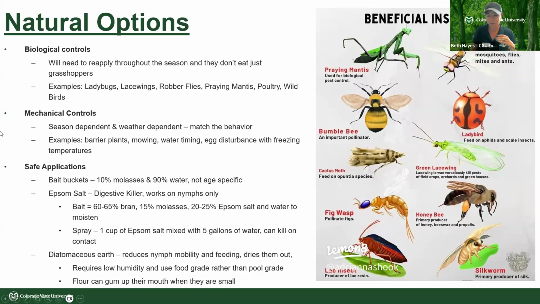I see the question about chickens. Chickens will eat grasshoppers, but they get tired of them. So if you are constantly making them go after grasshoppers, in about 2 weeks' time, they're going to give up. They're not going to go after them. Ducks and guinea fowl actually do way better from a poultry standpoint for grasshopper management than chickens will. However, if you keep your chickens closed up in a pen, and you only let them free range for maybe a couple hours a day, and then you bring them back into the pen, that 2 weeks will extend out because it's just part of their normal free range behavior.